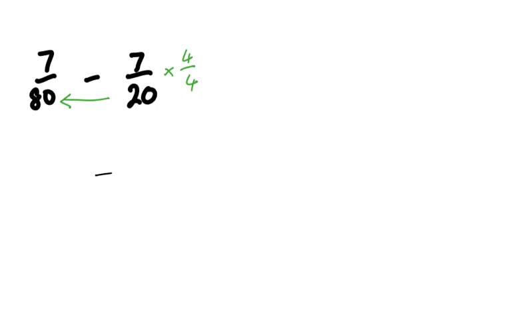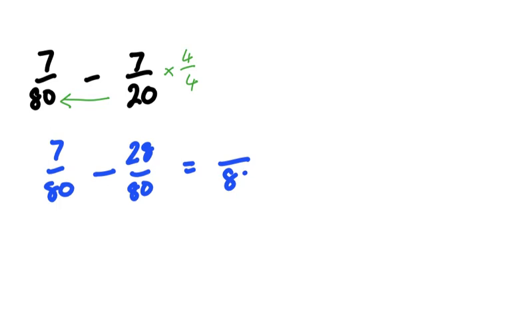I will get 4 7s are 28/80, and this one here is already over 80, and I'm subtracting. Now I've gone into negatives, so the biggest number is a minus. The difference between these two is 21. 28 minus 7 is 21, so the answer is negative 21 over 80.